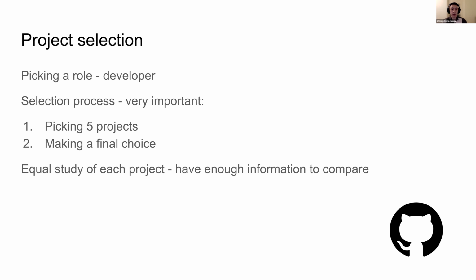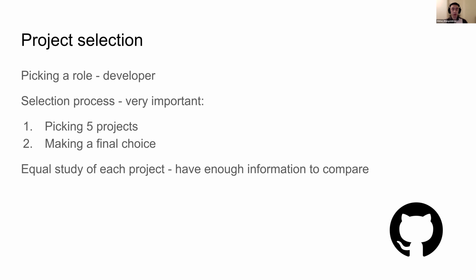Then after a week of studying these projects and trying to identify which project is best for this course and which might give the potential to show, we needed to make a final choice. So we needed to choose one final project that we were going to contribute to in the later weeks.